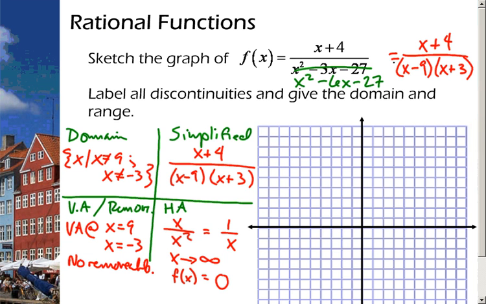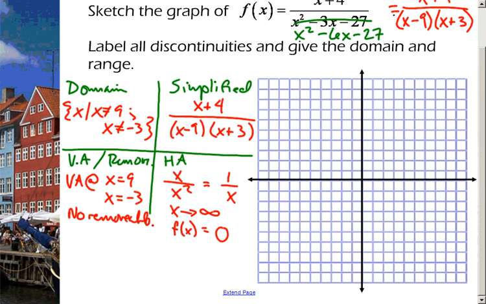So anyway, we've got two vertical asymptotes here, so we're going to draw both of those in. I have one over here at 9. Actually, you know what? I'm going to cut this in half. We're going to count by 2's here, at least on the x-axis. So this is 10.